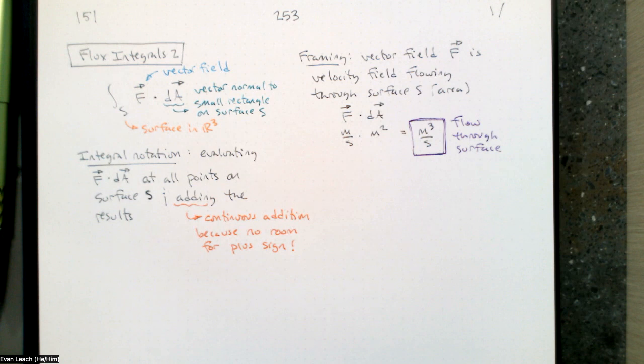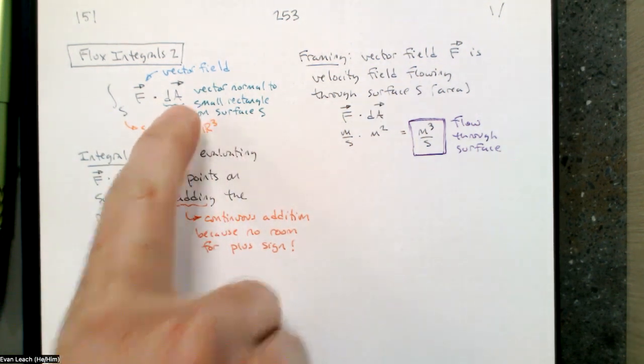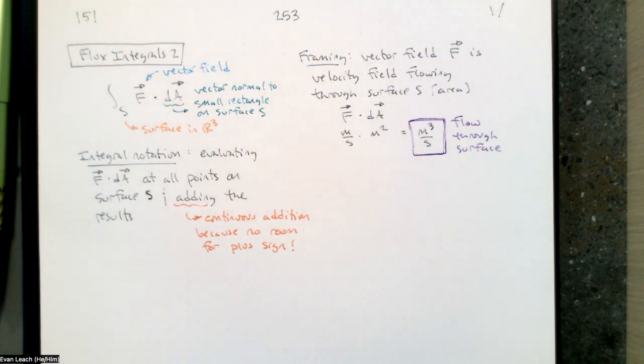So the big picture is that we look at small pieces and use a constant normal vector for a small area on the surface S. We think of the surface S as a bunch of little flat areas, and I grab a normal vector to each of those flat areas.